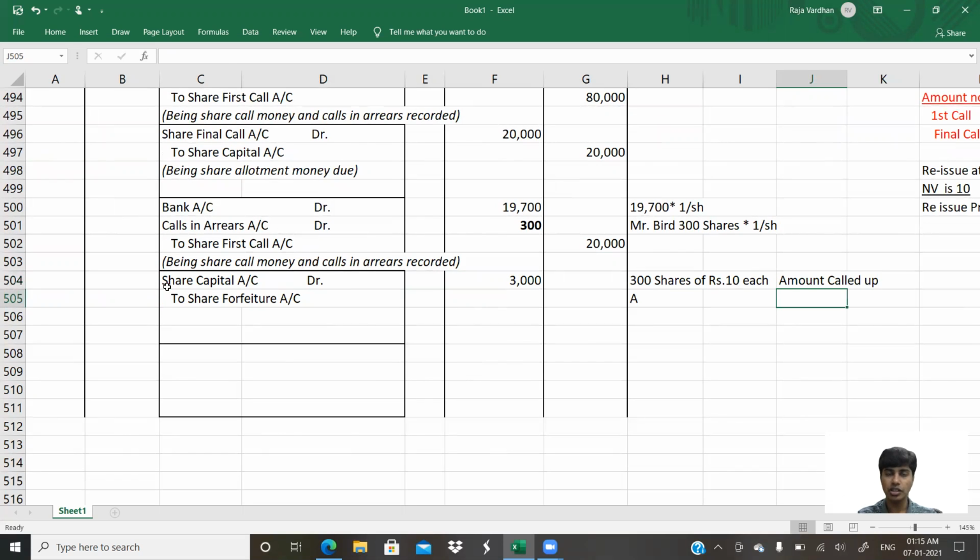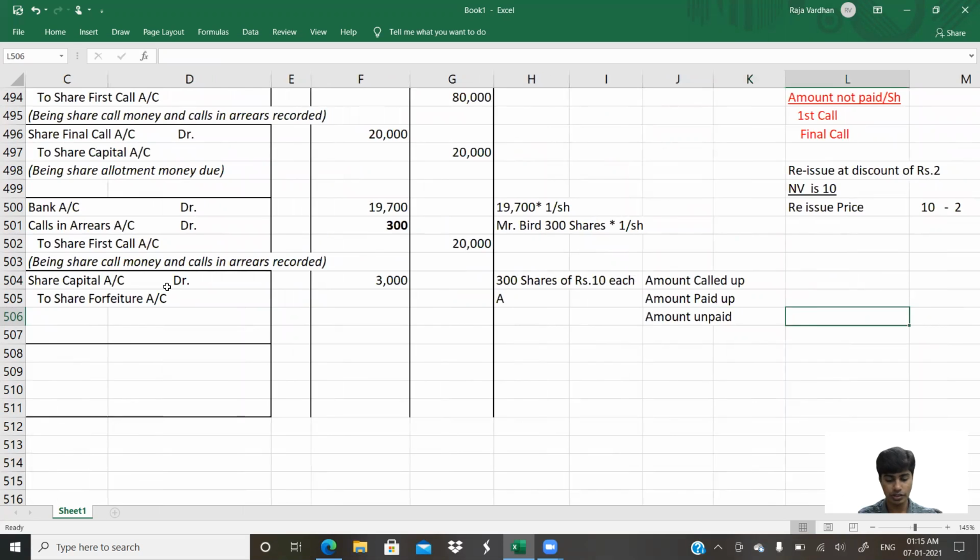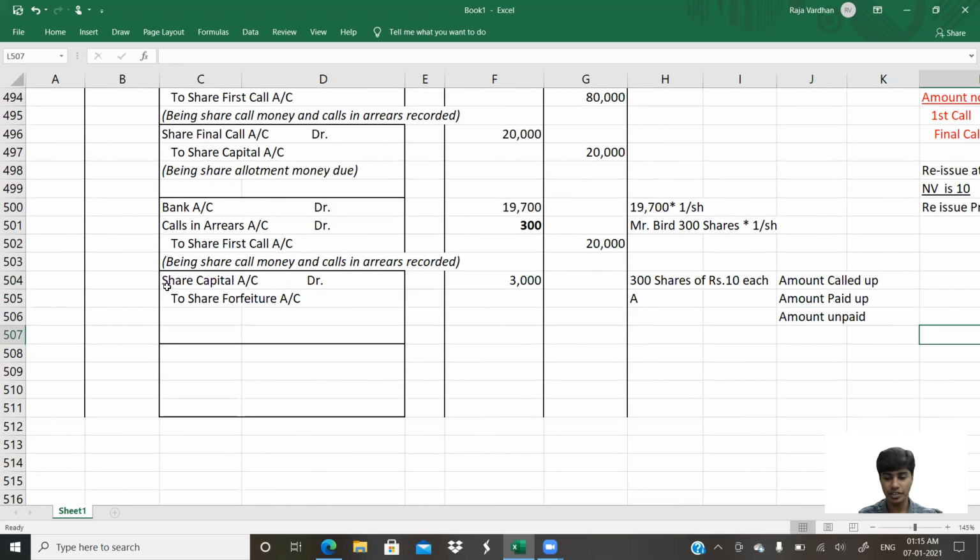With respect to share forfeiture account, you will write amount paid up, and call in arrears is amount unpaid. Or we can also call it what? Call in arrears. I'll write it in the ledger, don't worry. So I'll write in the journal entry.